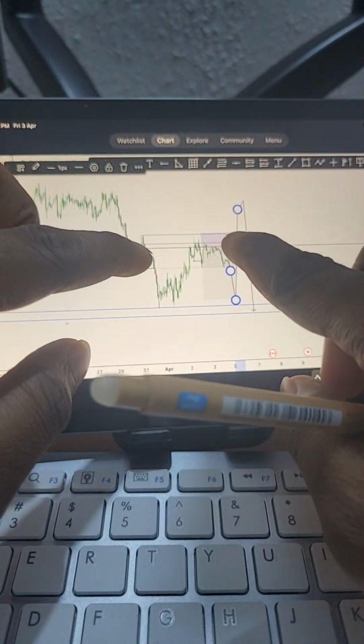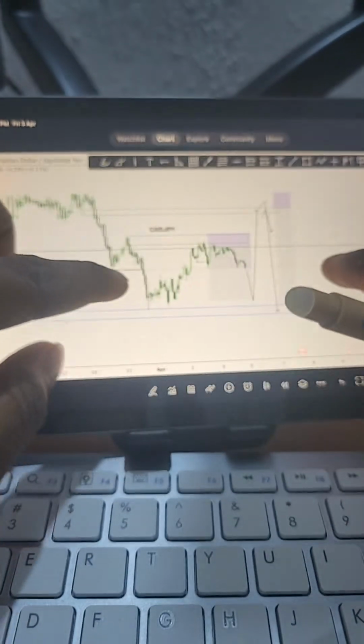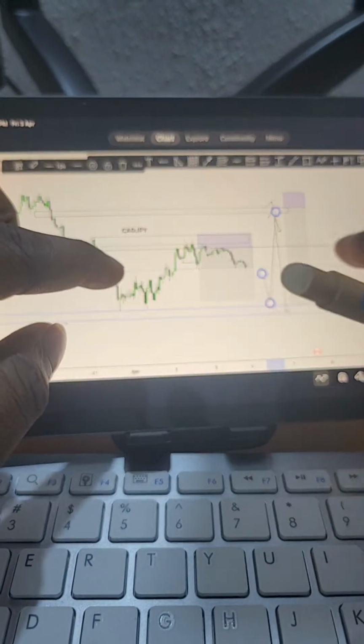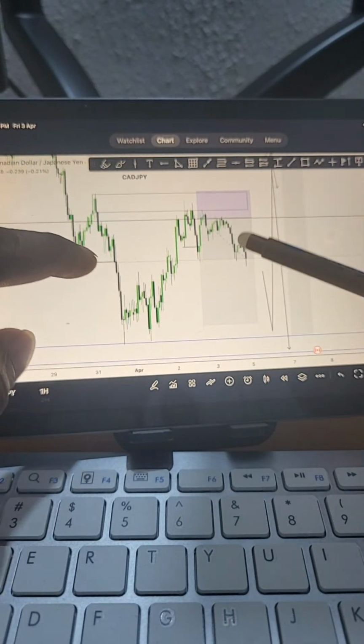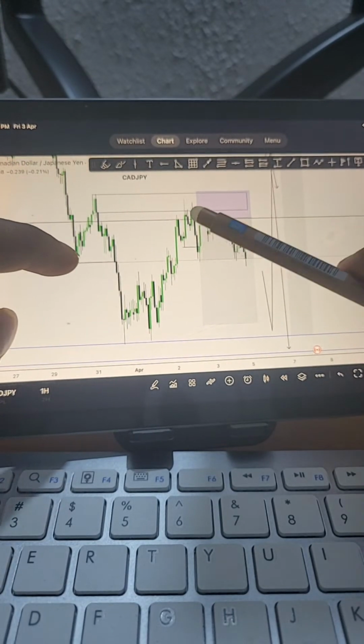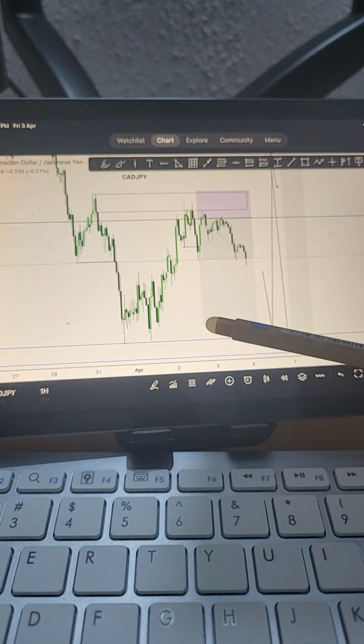So you can see what we are looking at here on CAD JPY. So this is one of my active trades here, and CAD JPY is still in profit. It has been in profit since yesterday when I got into the trade from around here. So I'm targeting this low here. I'm wanting price to come back here.